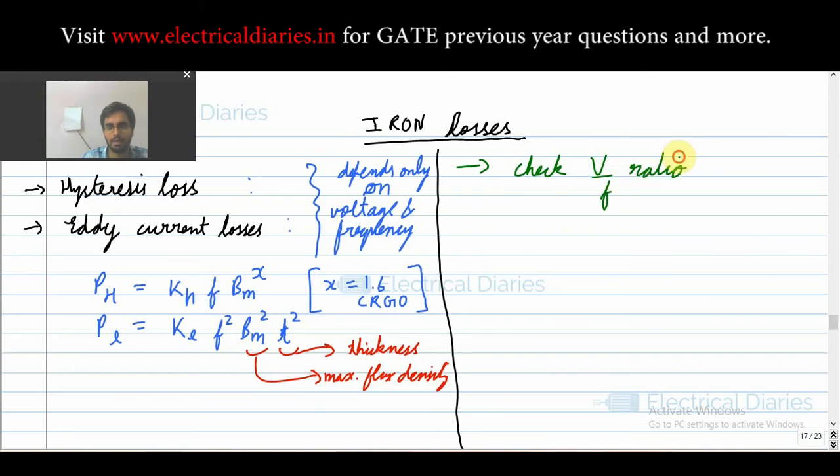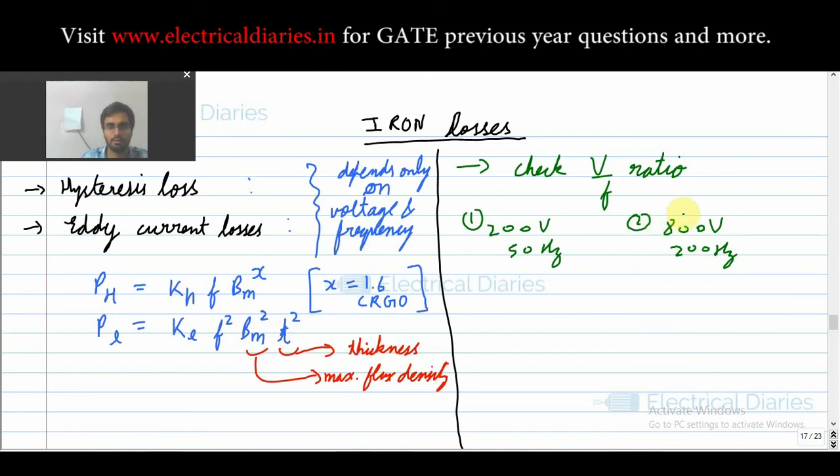They may have given that your transformer is initially operating at, let me say, 200 volts and 50 hertz, and in another case your transformer is operating at, let's say, 800 volts and 200 hertz. They may ask you to calculate the change in the iron losses or something like this.